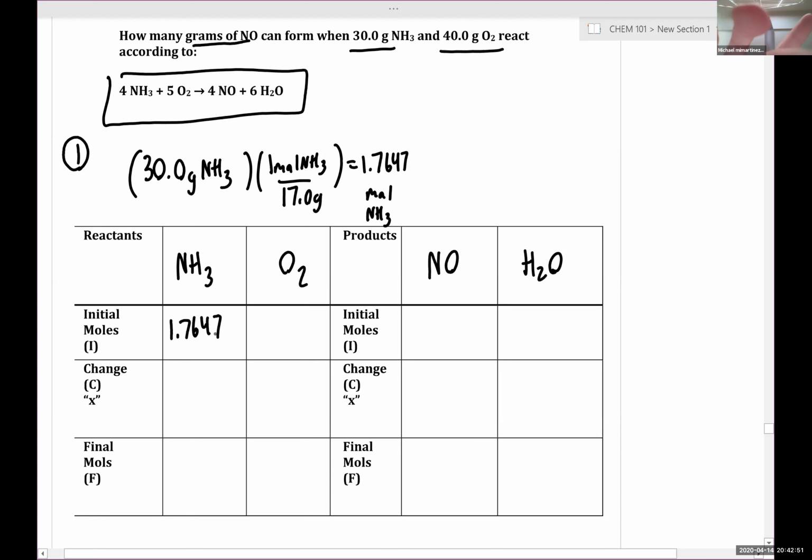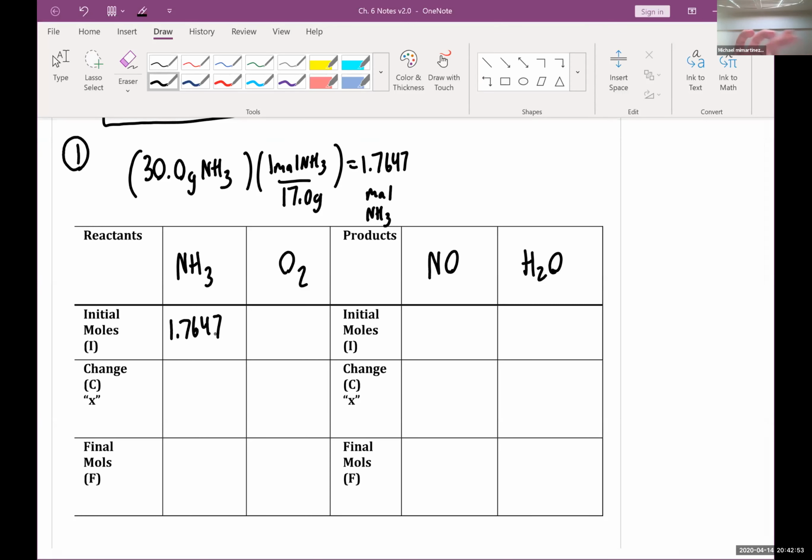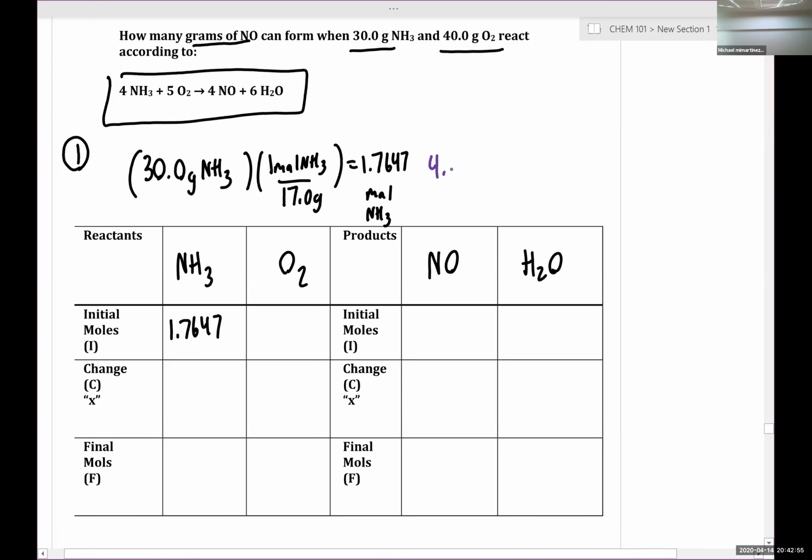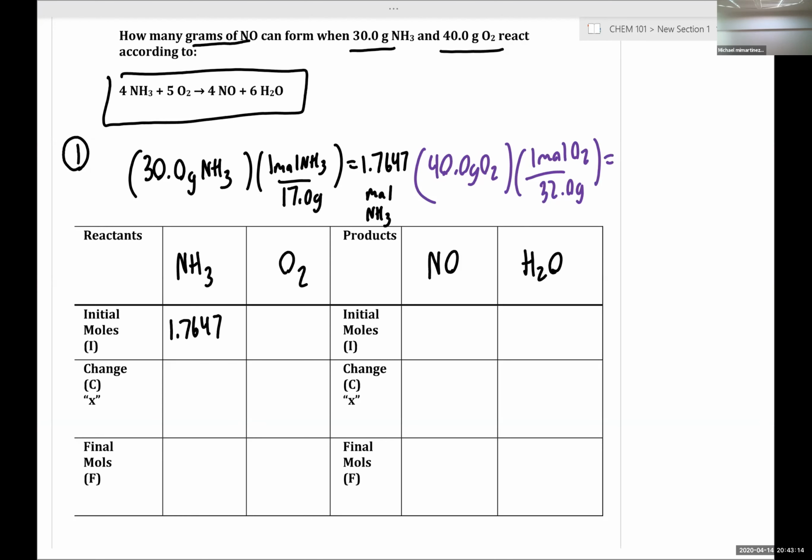My question to all of you is, if you've been doing your mole calculations, how many moles of oxygen do we have? Would someone be willing to type that in the chat? How many moles of oxygen do we have initially?